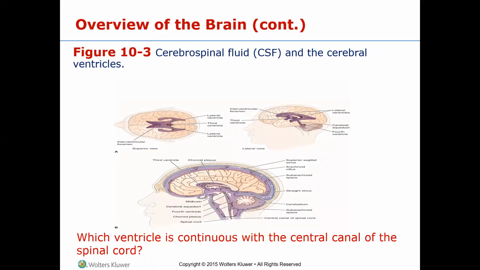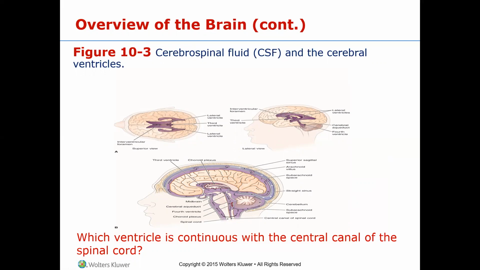So here is where you would find the ventricles, which are housing the cerebral spinal fluid. So there are 2 lateral ventricles here and here. Then you have this joint between those lateral ventricles, which is called the interventricular foramen.